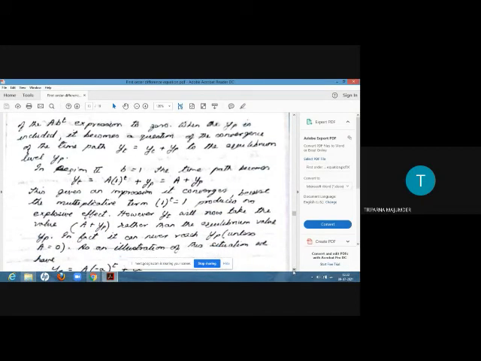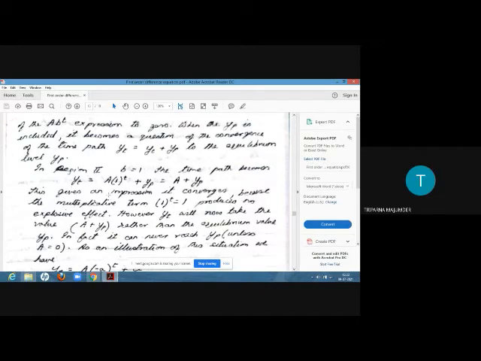In region 2, b is equal to 1, the time path becomes yt equal to A1 to the power t plus yp, equal to A plus yp.